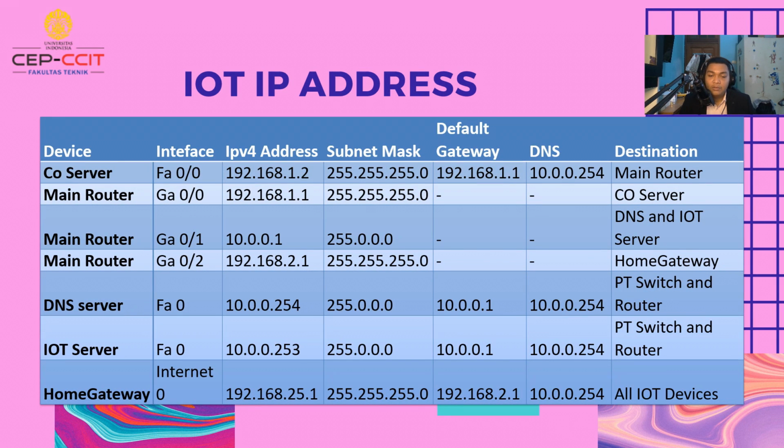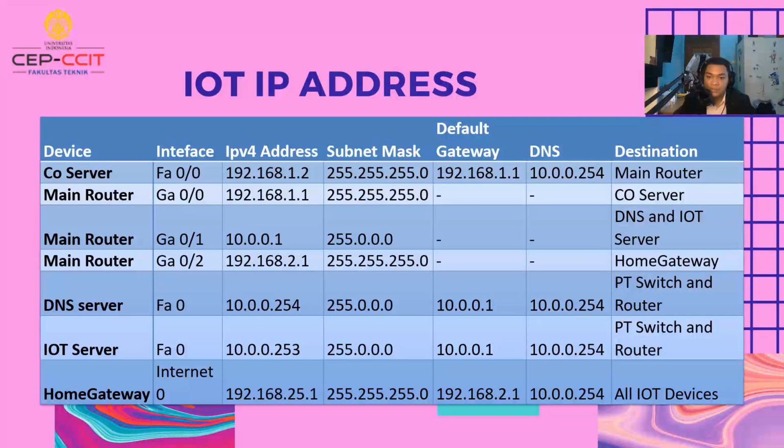And in the main router, interface GA0/0, we're using IP address 192.168.1.1 with subnet mask 255.255.255.0. The default gateway is none and the DNS is none, and the destination is the CO server. That's why the default gateway in the CO server is the same address.